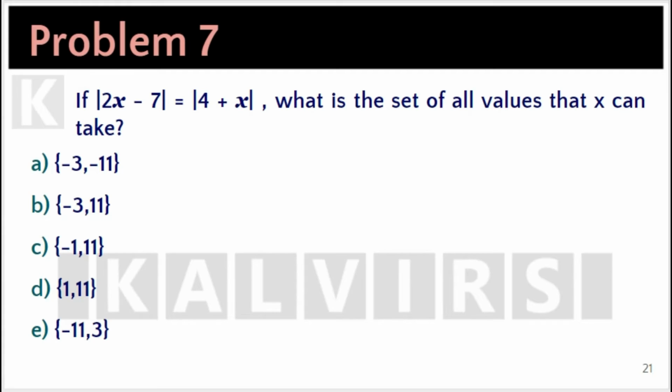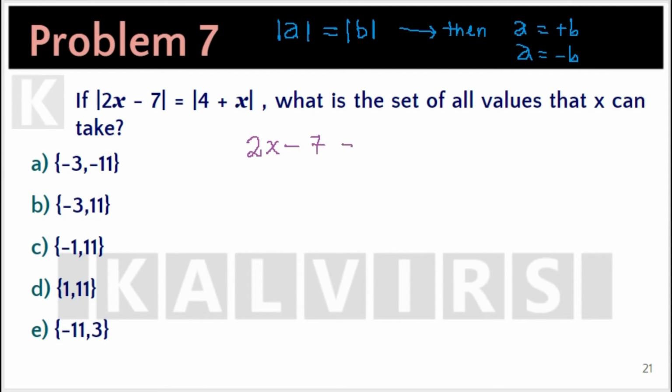So, according to the properties shown before, if the absolute value of A is equal to the absolute value of B, then A might be either positive B or negative B. Therefore, 2 times x minus 7 might be either 4 plus x or 2 times x minus 7 equal to negative 4 plus x.